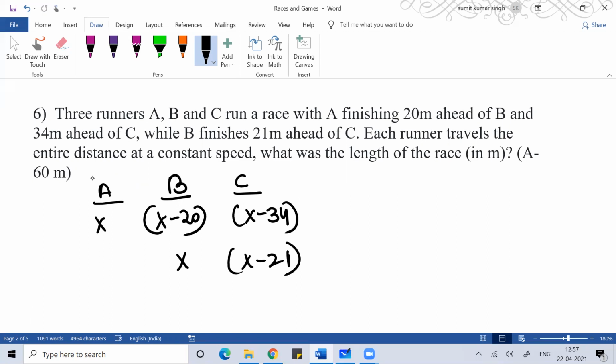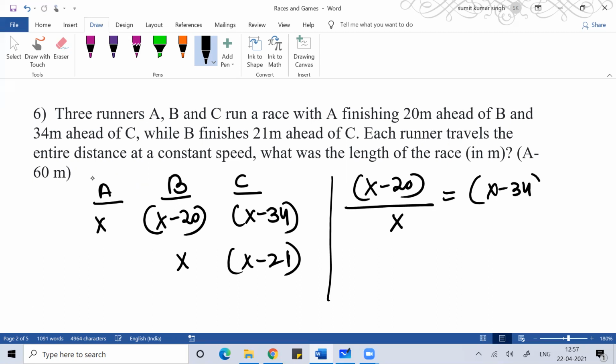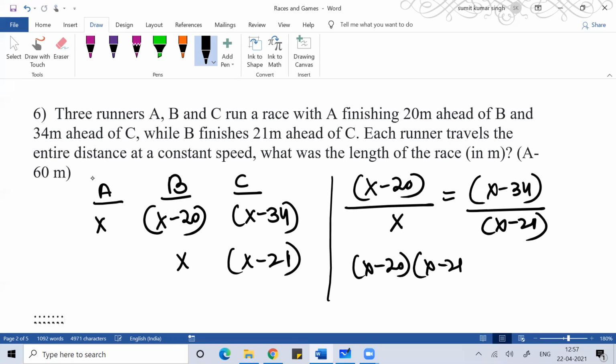So now this is the data that is given. Now you can easily solve this problem because I assume the length of the race is x meter. The ratio of x minus 20 by x will be equal to x minus 34 by x minus 21. The ratio remains the same. Simply cross multiply: x minus 20 into x minus 21 is x into x minus 34.